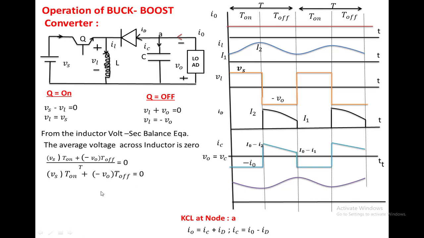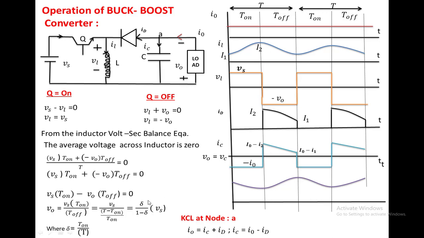We want V0, so V0 equals Vs into T on by T off. This T off we can write as T minus T on, and take T on as the denominator. Simplifying, we get V0 equals delta by 1 minus delta into Vs, where delta equals T on by T. This is the expression for the average output voltage of the buck boost converter.